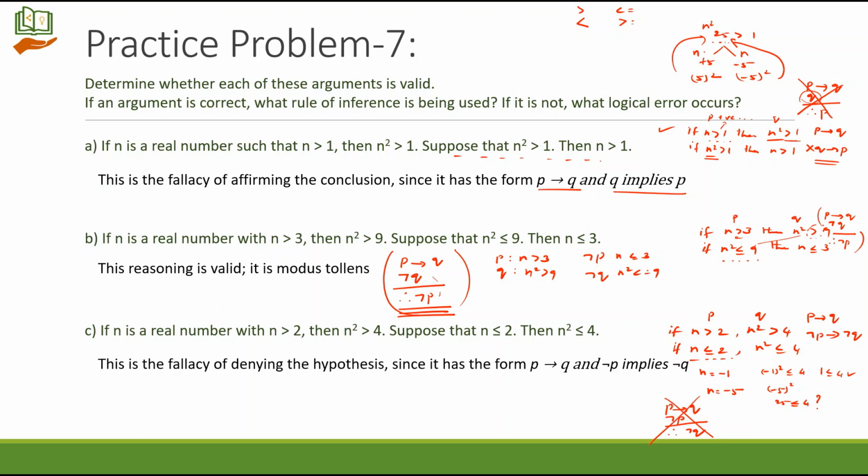And what kind of fallacy is this? What are we denying here? We are denying the hypothesis. P is the hypothesis. Negation of P is denying the hypothesis. This is the fallacy of denying the hypothesis since it has the form P implies Q and negation of P implies negation of Q. This is what I have written here.